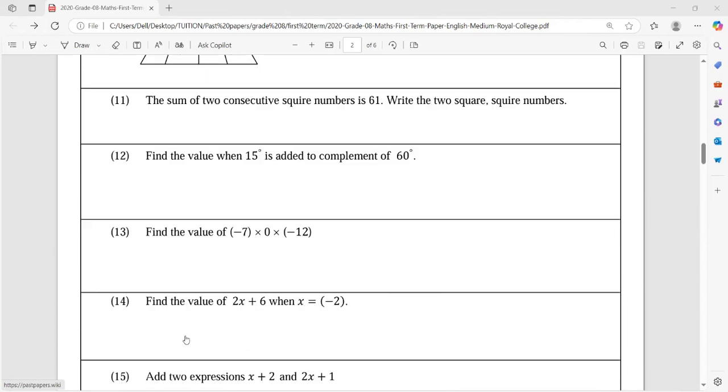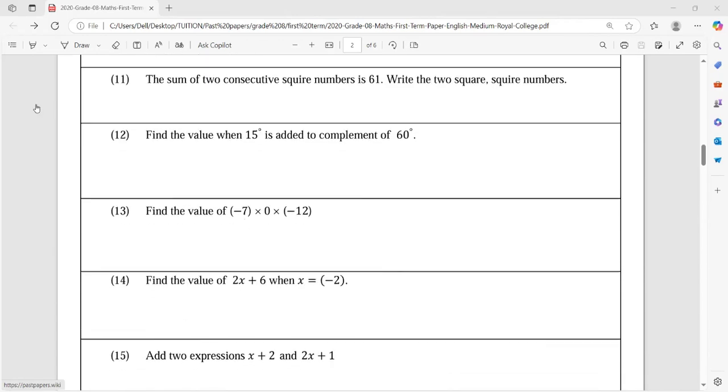In question 11, the sum of two consecutive square numbers is 61. Write the two square numbers. The sum of two consecutive square numbers is 61.